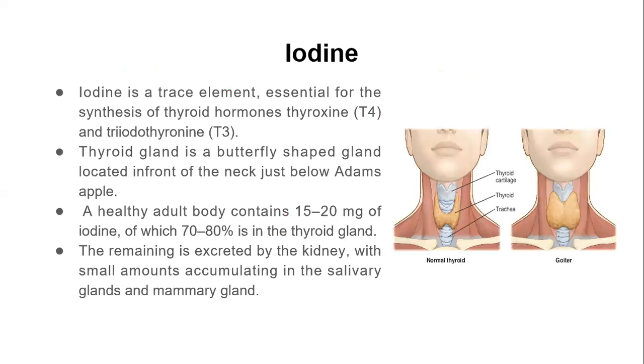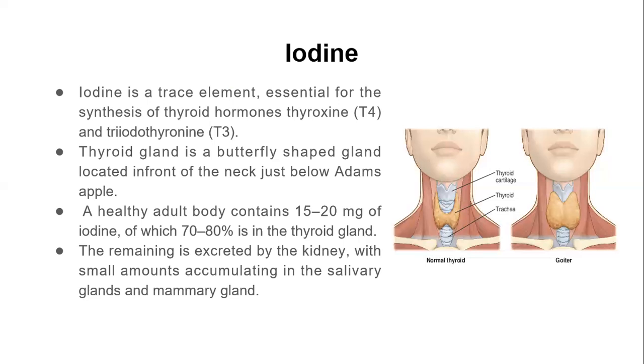Now, what is this iodine? We know iodine is a trace element and very important in some biological synthesis, specifically the synthesis of thyroid hormones. We basically have two thyroid hormones, thyroxine, which is tetraiodothyronine, and triiodothyronine, which are T4 and T3.